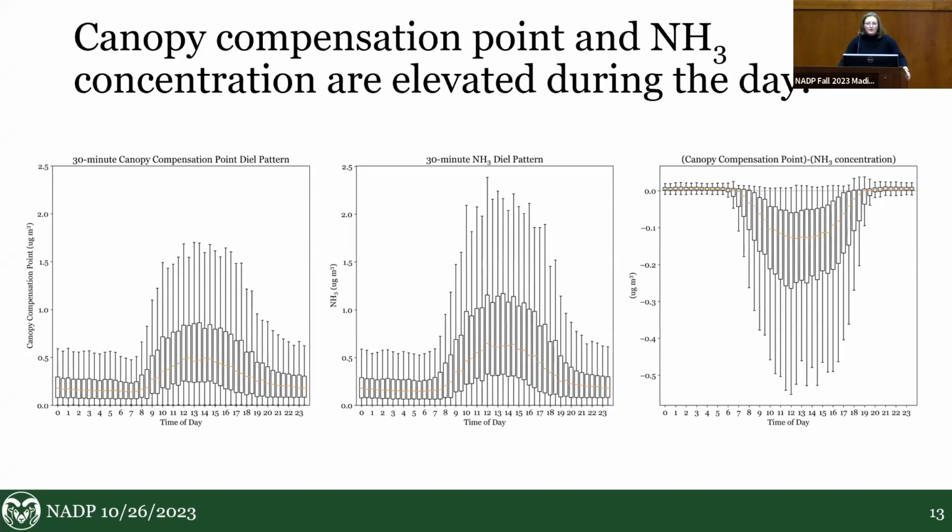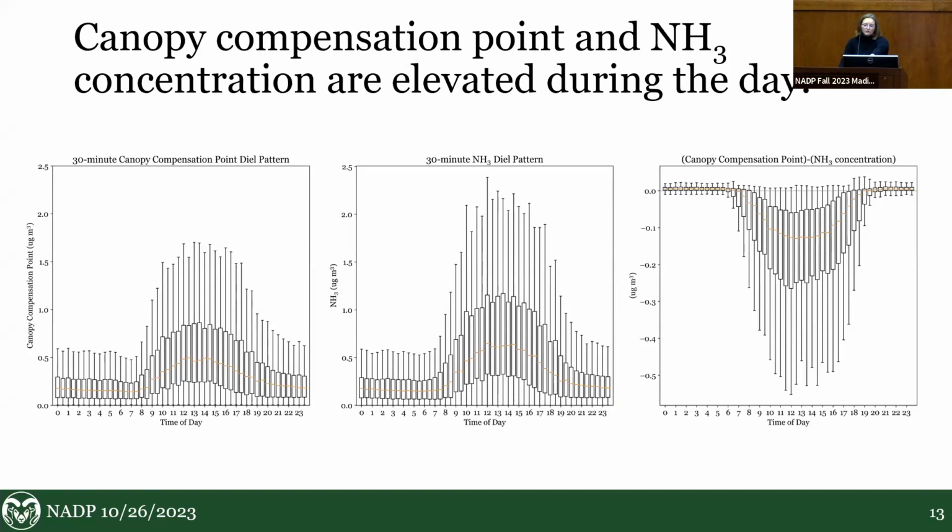So to give you a conceptual understanding of what these compensation points and ammonia concentrations look like for a diel pattern, first we can look at that canopy compensation point that I'm modeling using the Massad et al. We see that it peaks during the daytime, and when we look to that middle plot, ammonia concentration also peaks during the daytime. This is in part due to that upslope flow happening during the day, bringing higher concentrations up into the park.